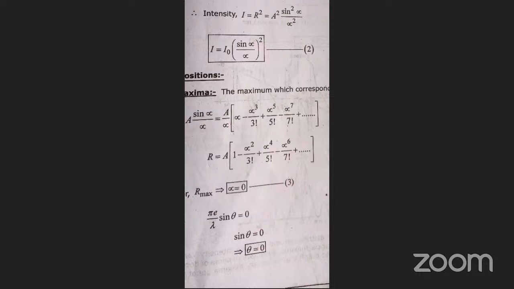When sin value is 0, theta is equal to 0. Therefore, sin theta equal to 0 means theta is equal to 0. In that situation, intensity will be first maximum. That is the first maxima position, which is known as the principal maximum. When theta is equal to 0, we are getting the principal maximum.